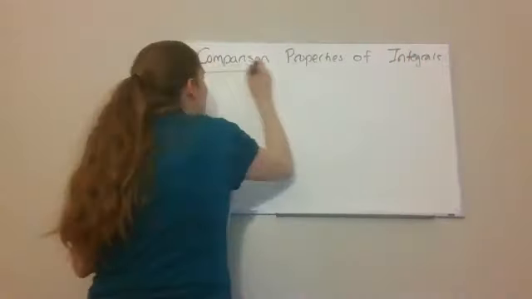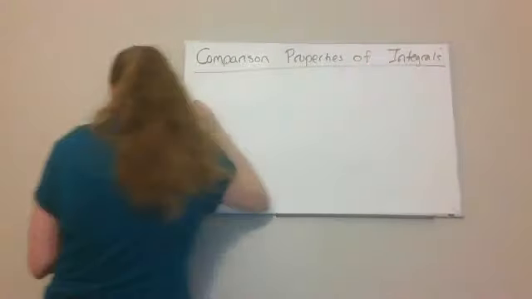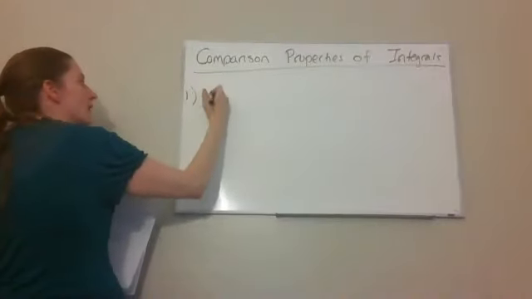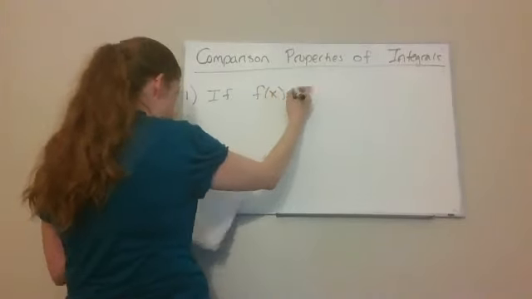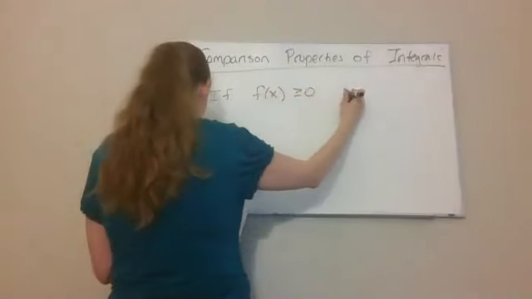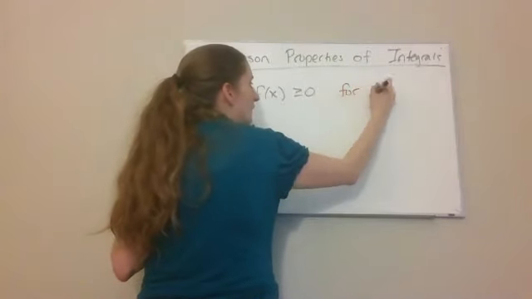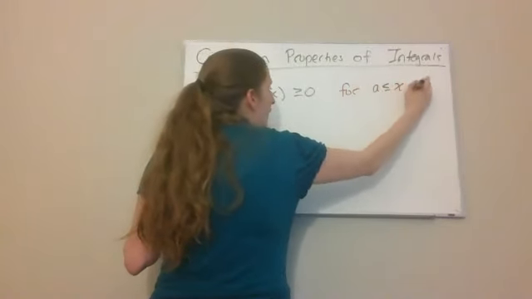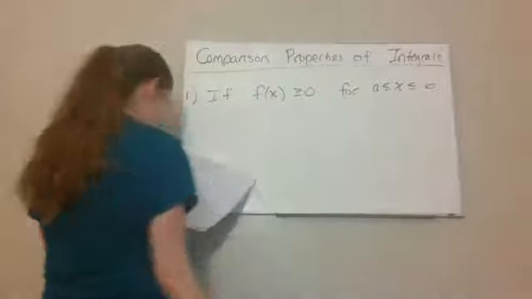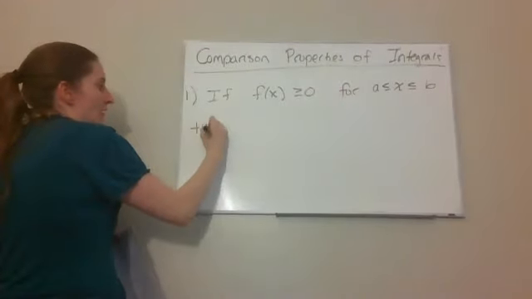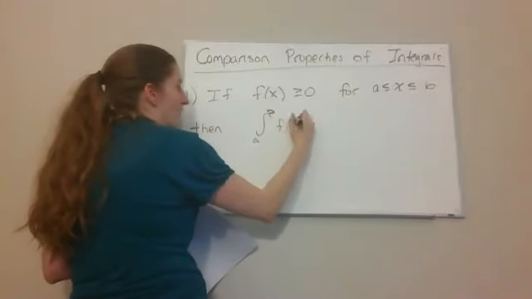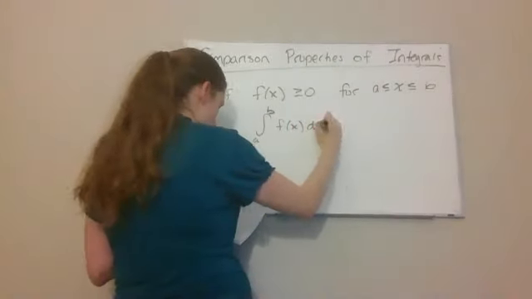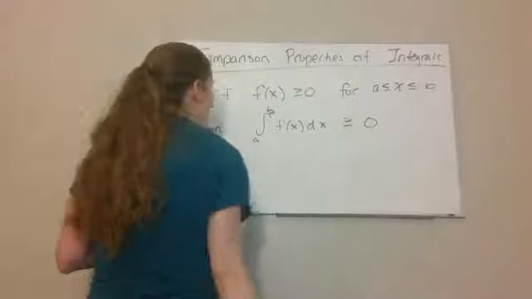Three more quick properties. If we have a function which is not negative for all x between a and b, then the definite integral from a to b of our function is not going to be negative.